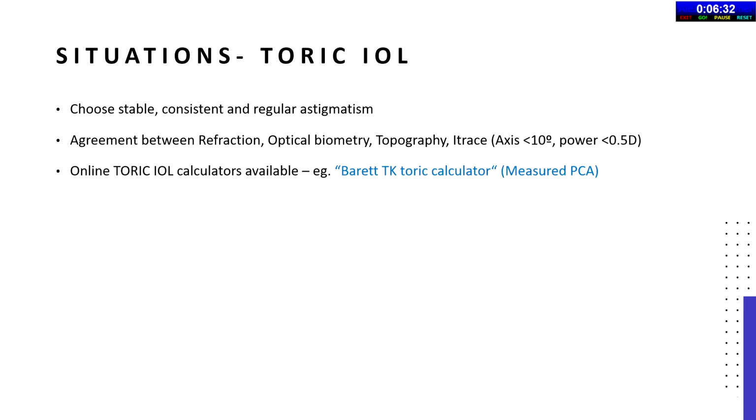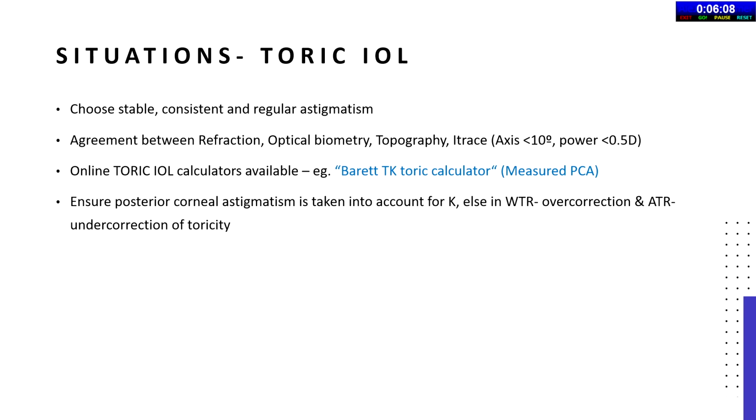There are so many toric calculators available, but the most popular and the one which gives accurate results is the Barrett Total Keratometry Toric Calculator, because the total keratometry calculates the anterior corneal astigmatism, posterior corneal astigmatism, and also considers the central corneal thickness. So that gives the most accurate keratometry in toric IOLs.